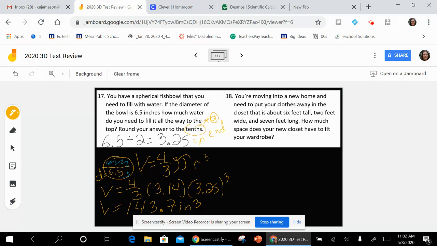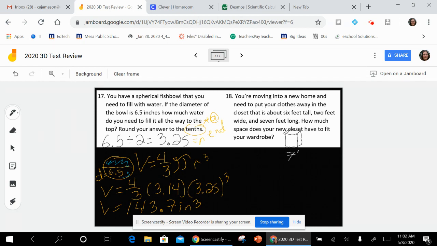Okay, we got this. Okay, it says for this one, everybody, you're moving to a new home, and you need to put your clothes away in a closet. So the closet, everybody, is going to be a rectangular prism. Okay, so it says it's 6 feet tall, 2 feet wide, 7 feet long.